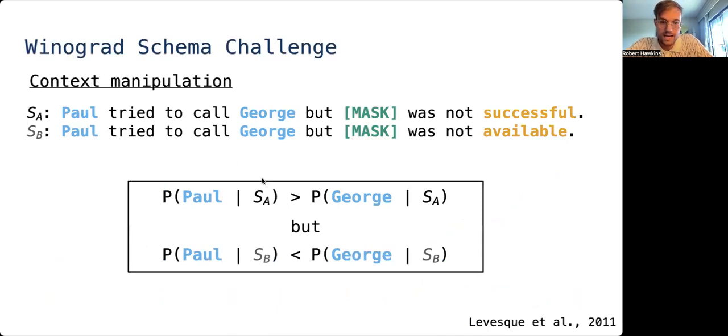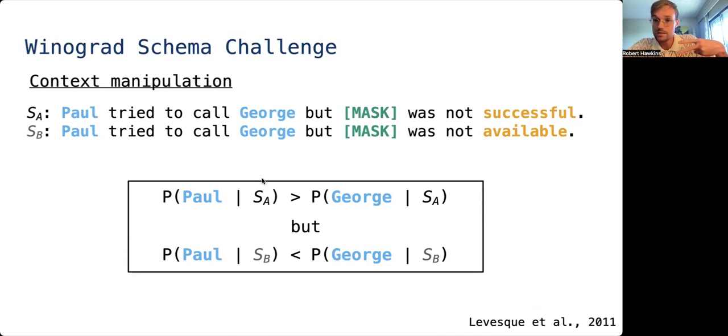In order to test the ability to construct situation models, we operationalize this in a classic task known as the Winograd schema challenge. Winograd schemas are pairs of sentences, like "Paul tried to call George, but blank was not successful," where the question is, do you fill the blank with Paul or with George?